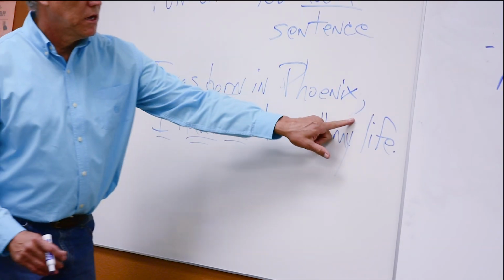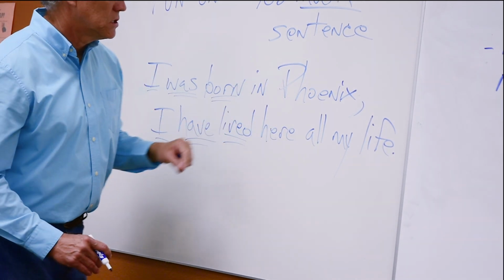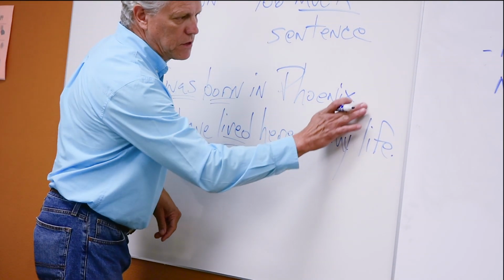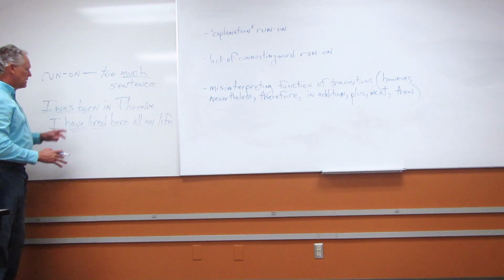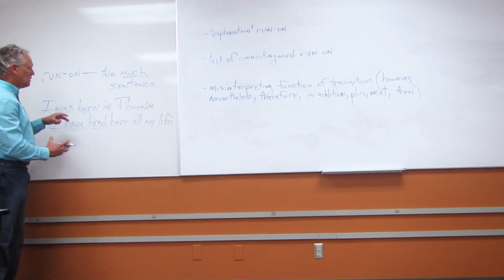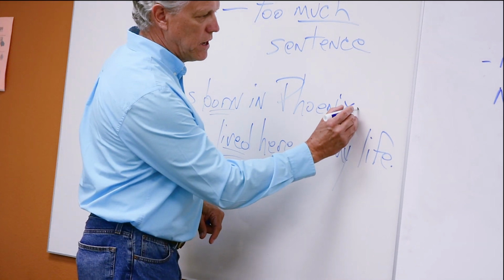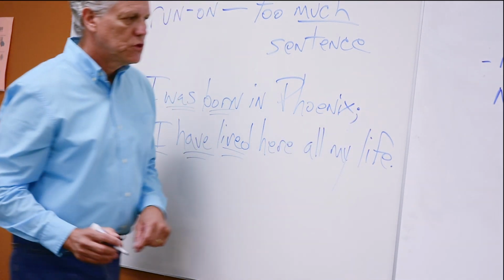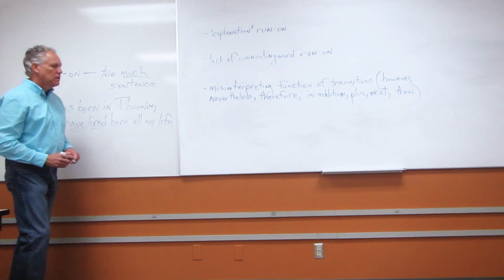It is a comma trying to splice together two separate sentences. If I just left out the comma, that would be considered a fused sentence. They're both fused together, trying to be one sentence, when in actuality they should be two sentences, or at least, with a semicolon, two separate thoughts separated by that semicolon.